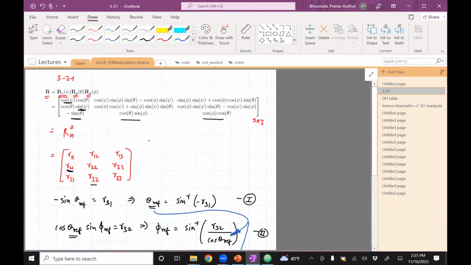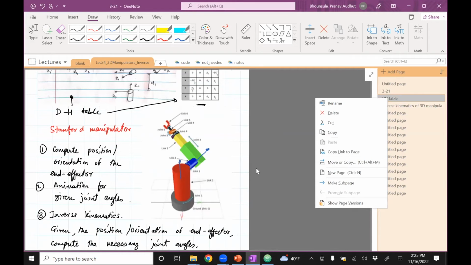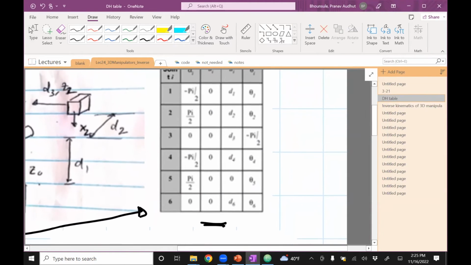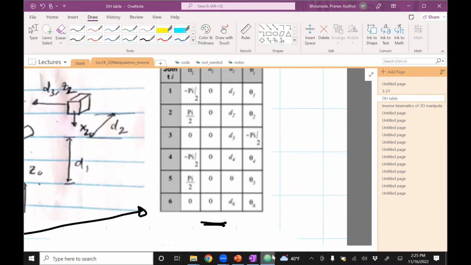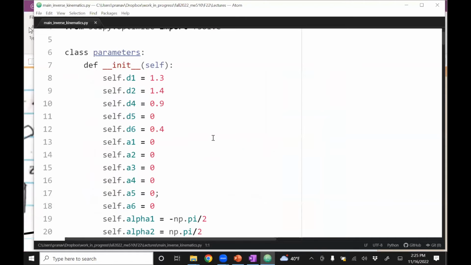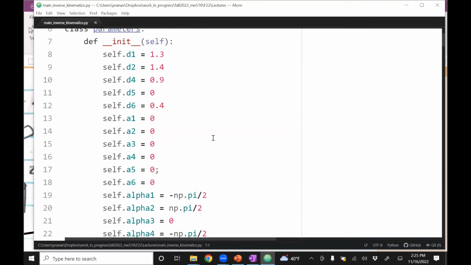They're just given as L1, L2, and so on. Okay, they are given as D's and pi and so on. So I need to put some value. So what I did was I just gave some values to the various parameters. Okay, and you can expect that you'll get values given to you in some form.